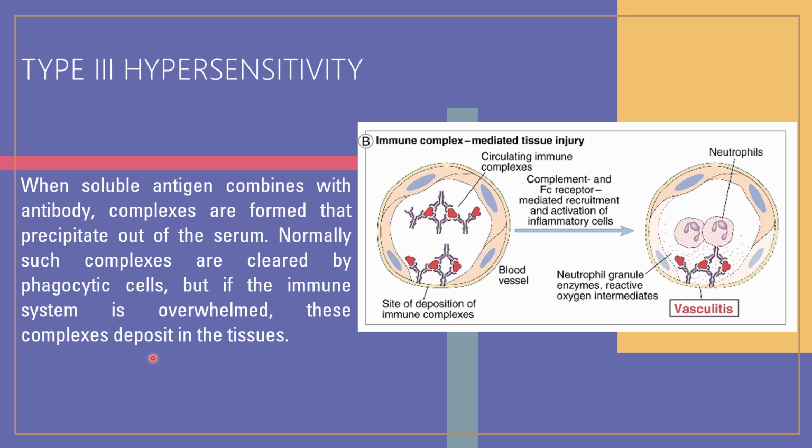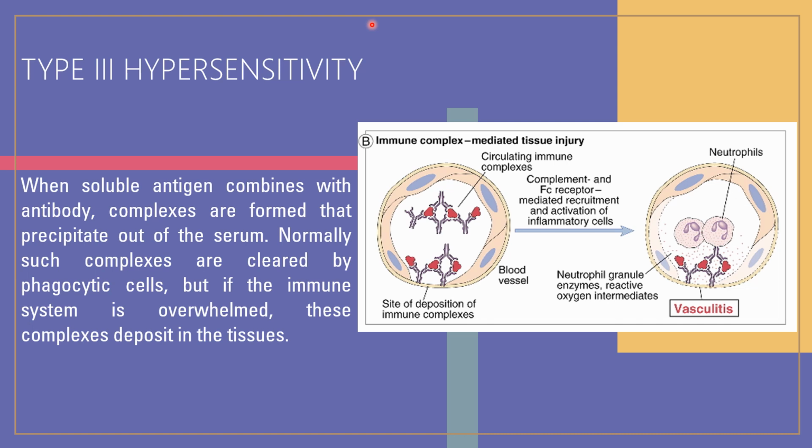Now for your type 3 hypersensitivity reaction, this is similar to your type 2, wherein there is an antigen-antibody complex that binds the complement, causing damage to the particular tissue.